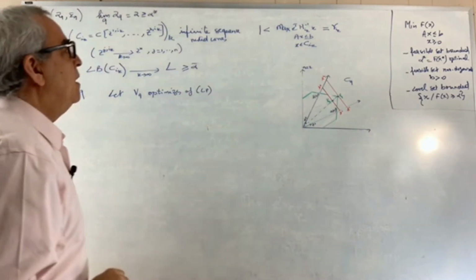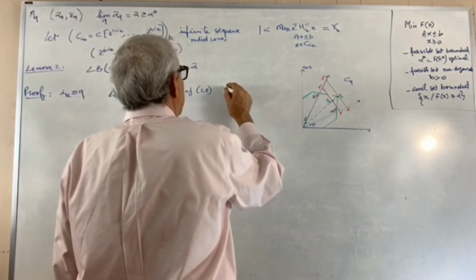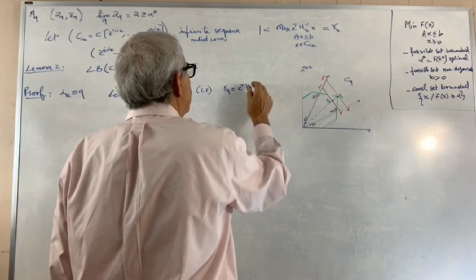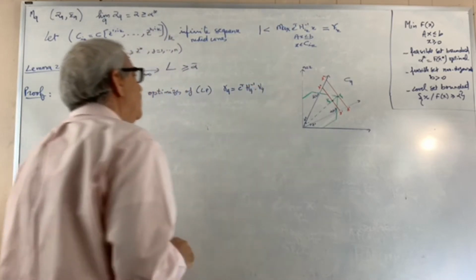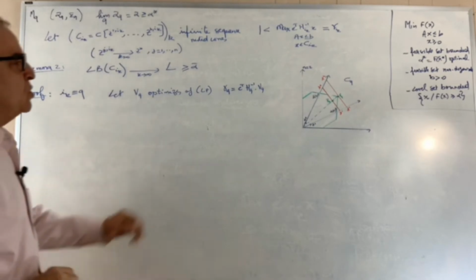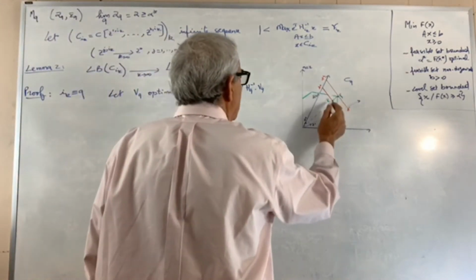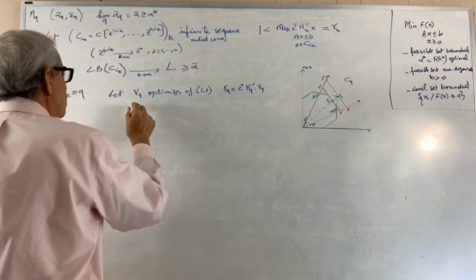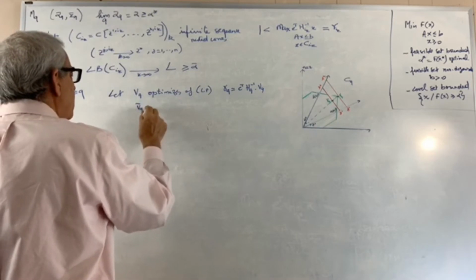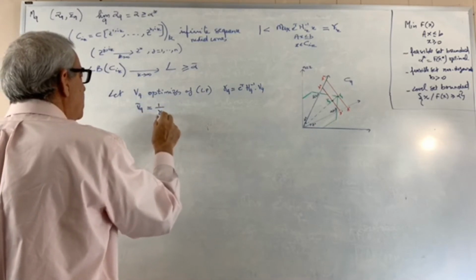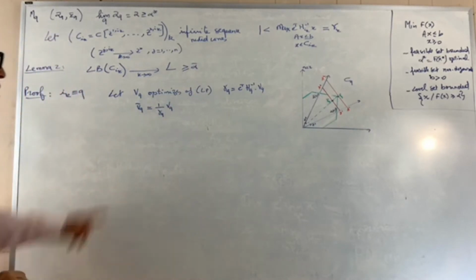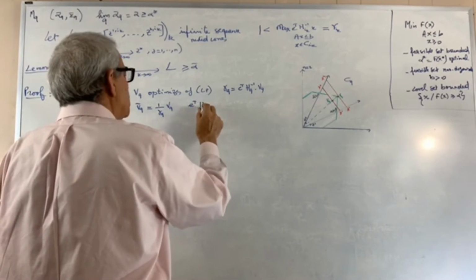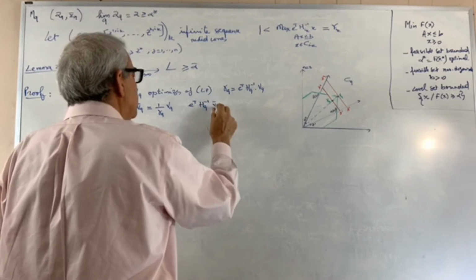In other words, gamma_q is equal to E transpose H_{q-1} times v_q. Also, I'm going to join 0 and v_q to get v bar_q that cuts into this plane. So v bar_q is just 1 over gamma_q times v_q. From here you get E transpose H_{q-1} v bar_q equal to 1.